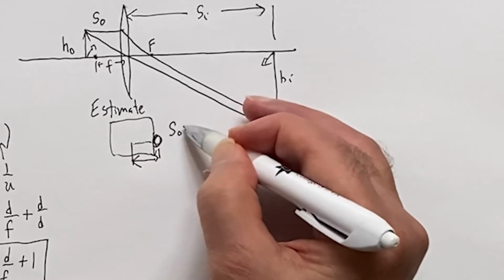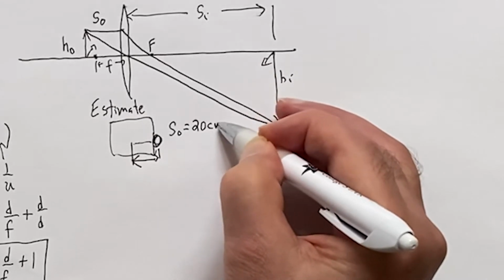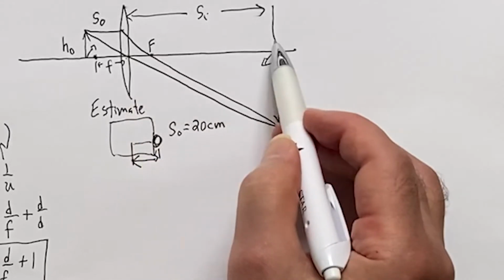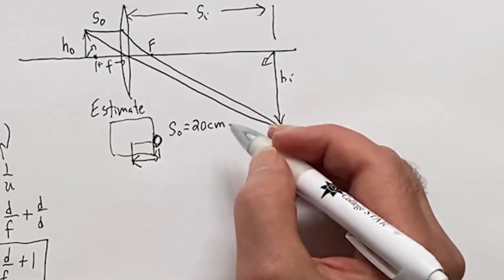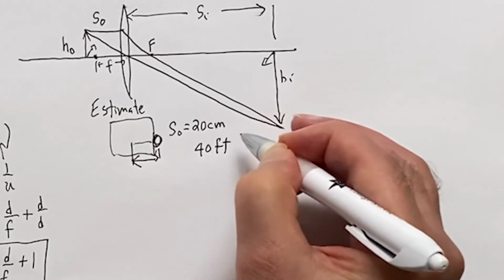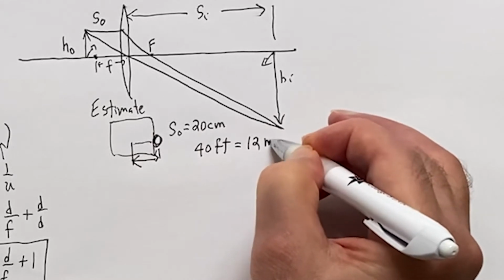So that means SO is 8 inches, 20 centimeters. And the distance to get to the room, I'll use the auditorium in Robinson Hall, that's 40 feet. We're talking like 12 meters.